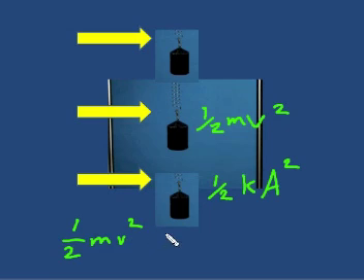And so our first equation can be 1/2 mv squared equals 1/2 kA squared. And this is a very useful formula to solve various questions with simple harmonic motion. Know how to derive this, understand the kinetic energy at the equilibrium position, and the 1/2 kA squared at the maximum extension, and energy is conserved.